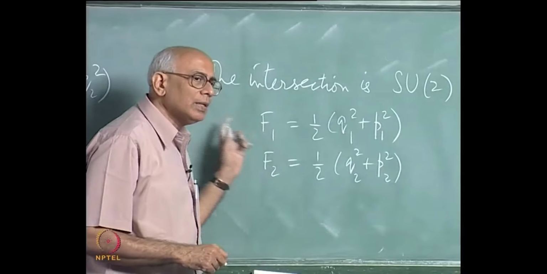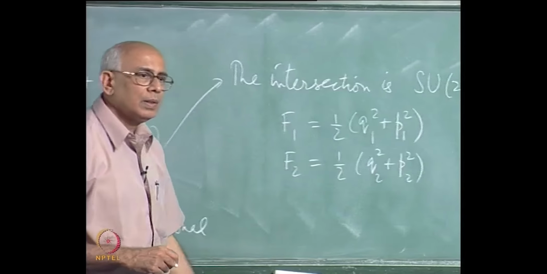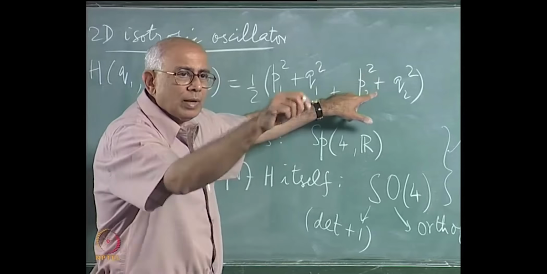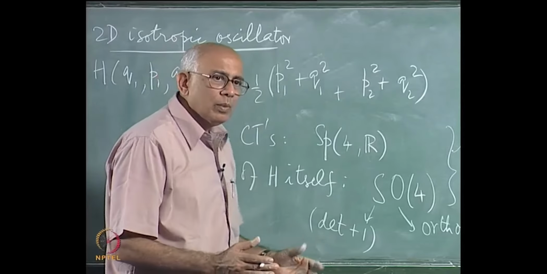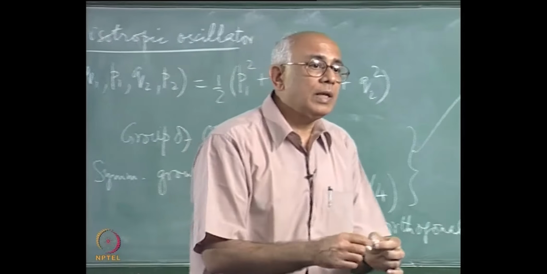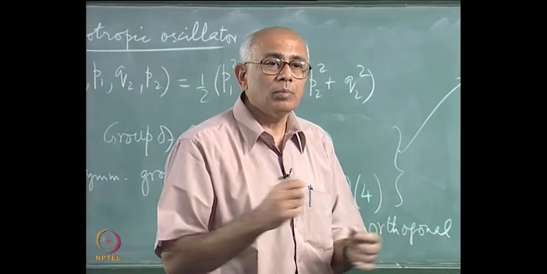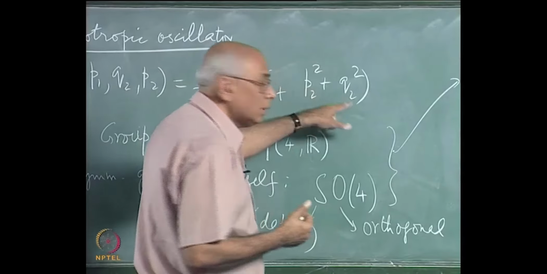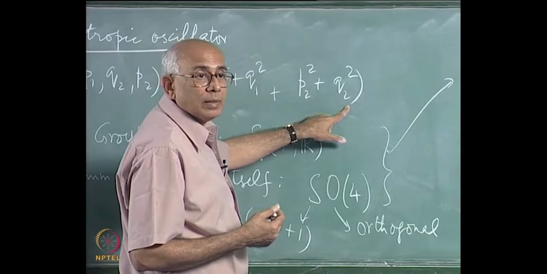What else do you think is constant in this problem? Let us think a little physically. Q1 let us say is the x axis and Q2 is the y axis, and you have got a problem where you have an isotropic oscillator, the same spring constant in both directions, and the potential is circularly symmetric.